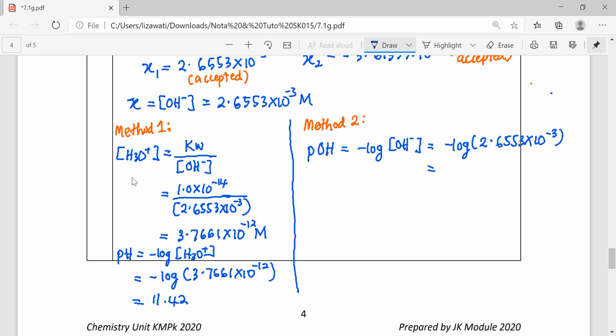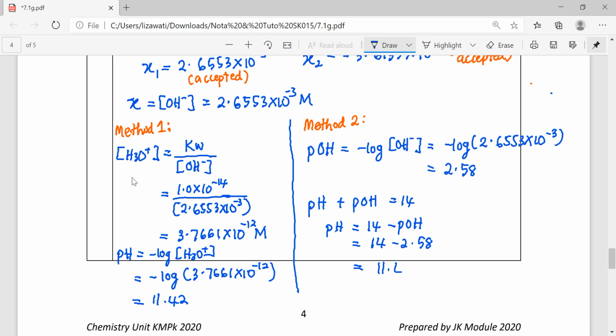The value of pOH here is 2.58. Next, by using pH plus pOH equals 14, you can find the value of pH. So there are two methods that you can use.